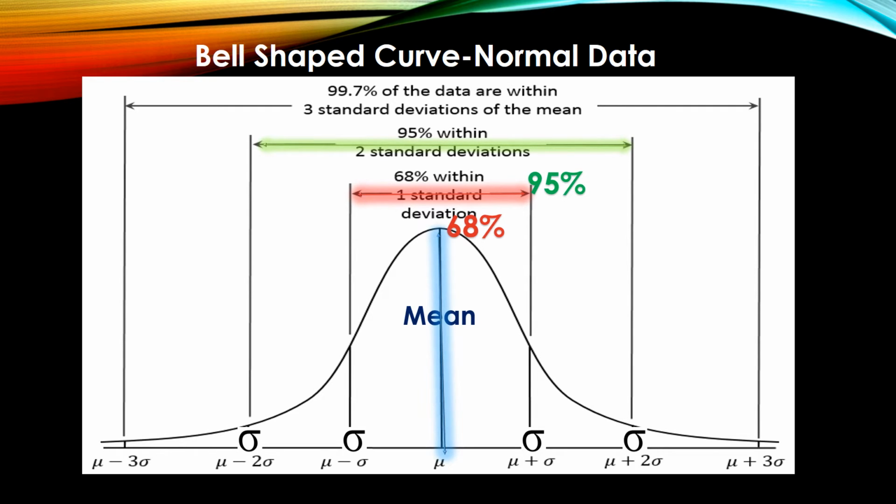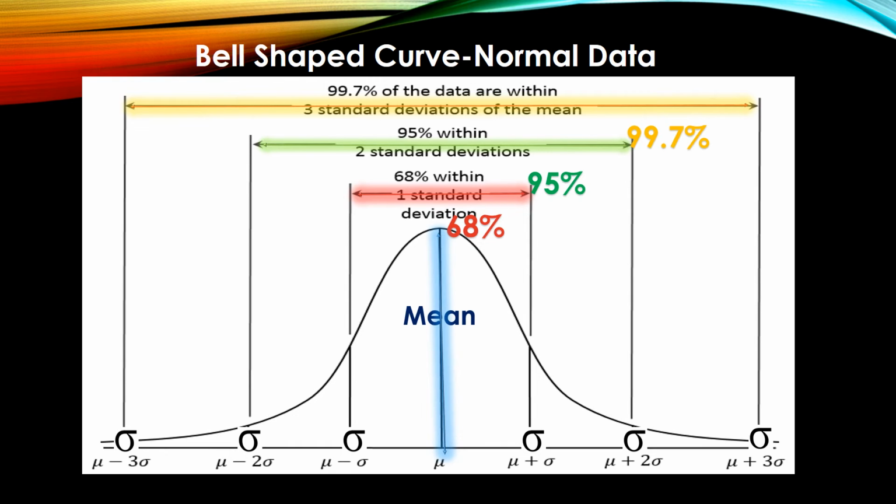95% of your population should fall within 2 standard deviations in order to have normally distributed data. So that means 95 out of 100 examples are going to be at that mean or within 2 standard deviations, not too far from it. Now 99.7%, so virtually the rest of your population, should fall within 3 standard deviations of your mean.